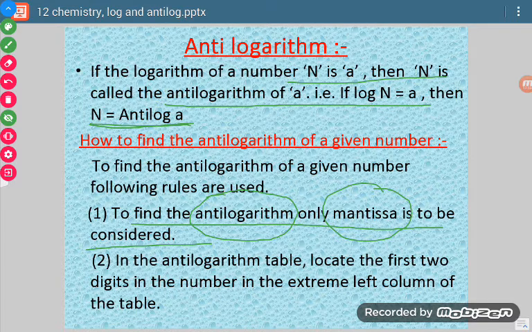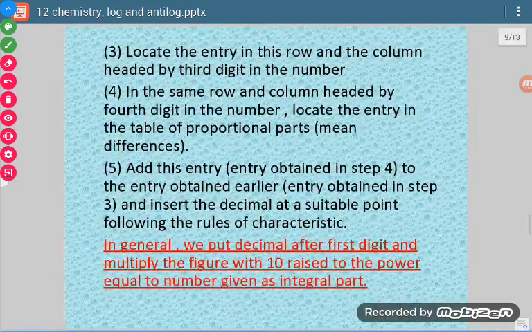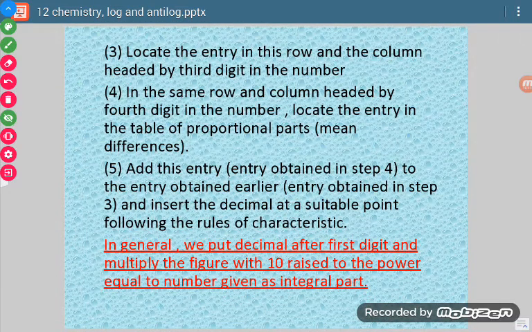Now what we will do? We will go to the anti-log table. We will locate the first 2 digits of the number in the extreme left column of the table, in the same way as we have done for log. Then we will locate the entry in the same row and column headed by the 3rd digit.